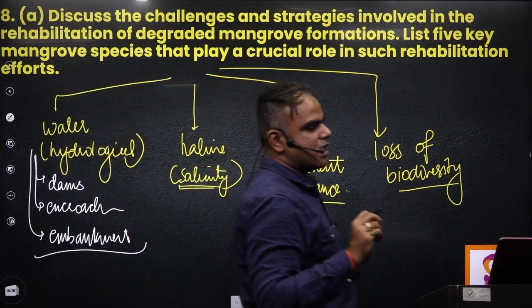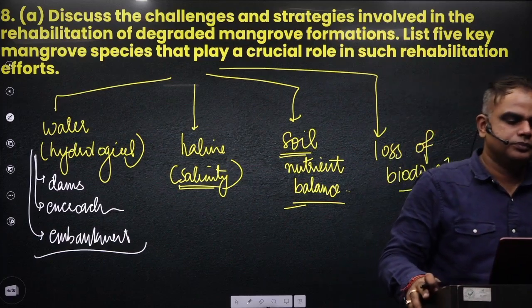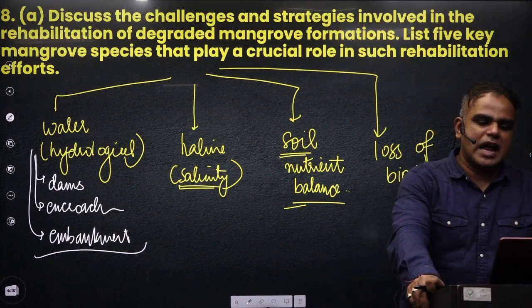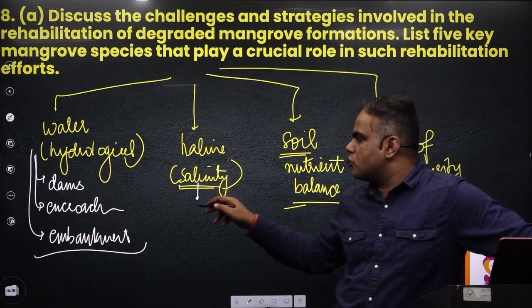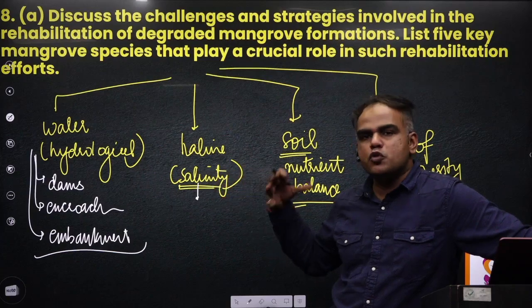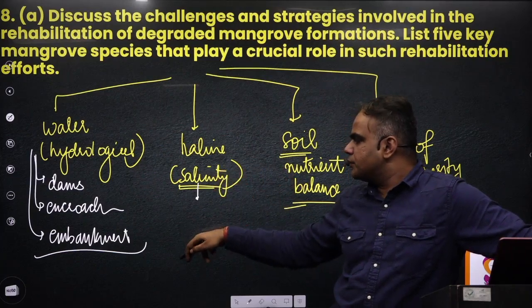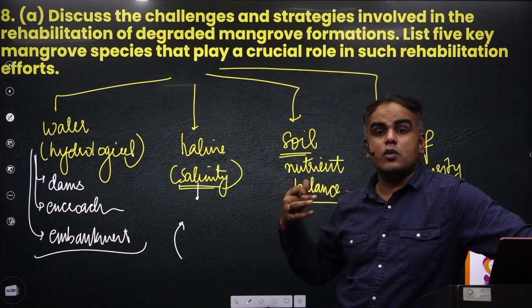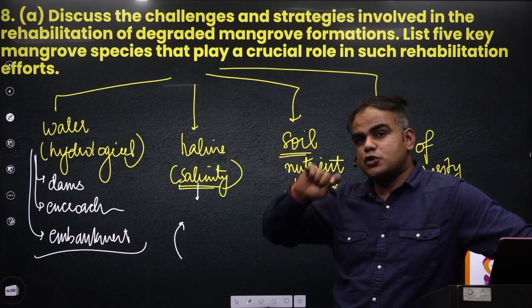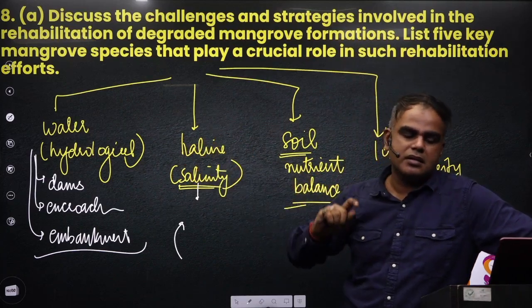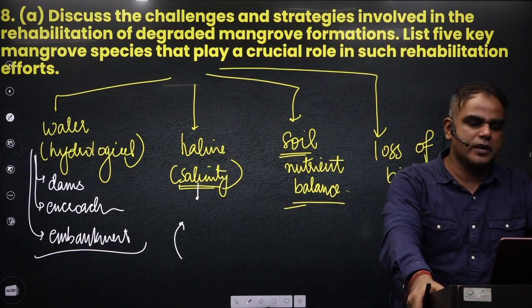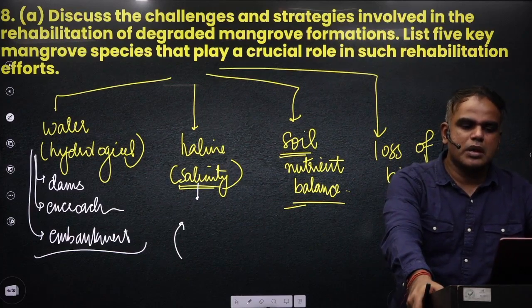Salinity challenge can be due to many things. For example, in the Sundarbans, if there is reduced water inflow, or changes in fresh water or saline water inflow, there will be changes in salinity. That also happens.